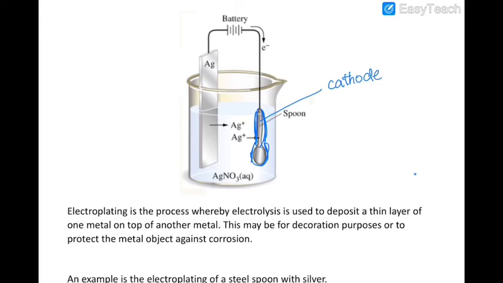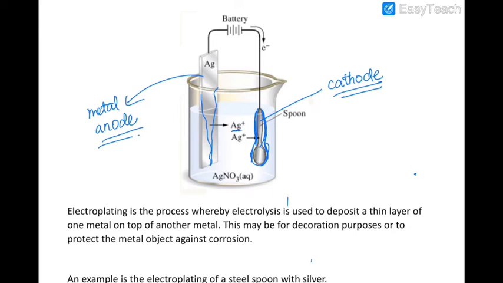The metal that you want to coat it with is going to be the anode. So the anode is going to get used up and form ions, and then the ions are going to get reduced, and we'll have the formation of the pure metal at the cathode.